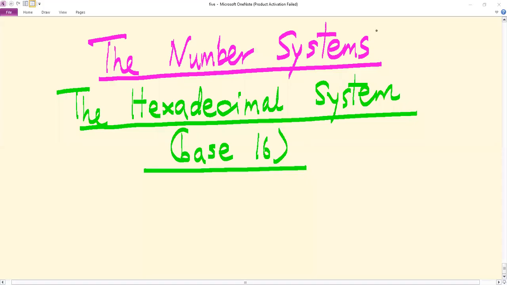Welcome to this session. This session will discuss the last number system, the so-called hexadecimal system. These are numbers to base 16.